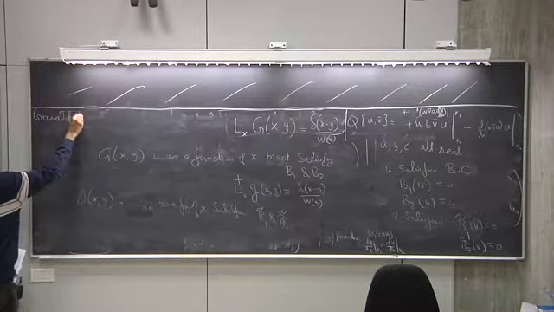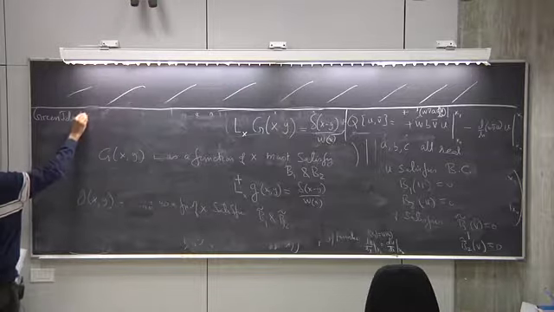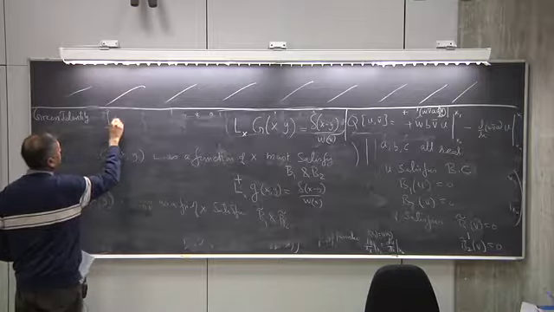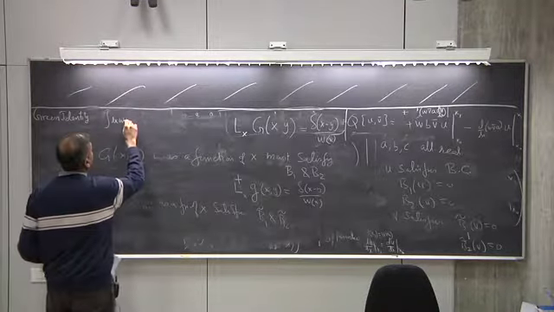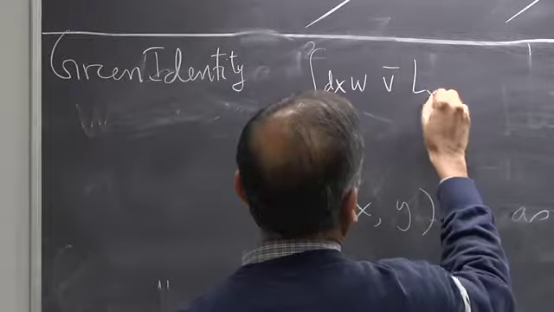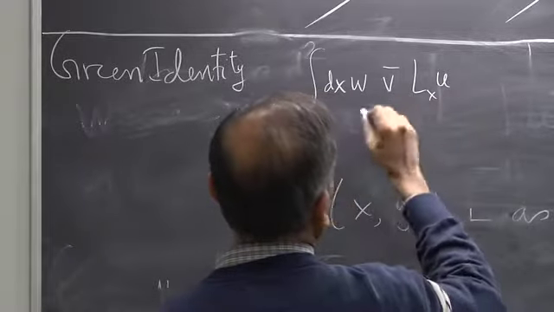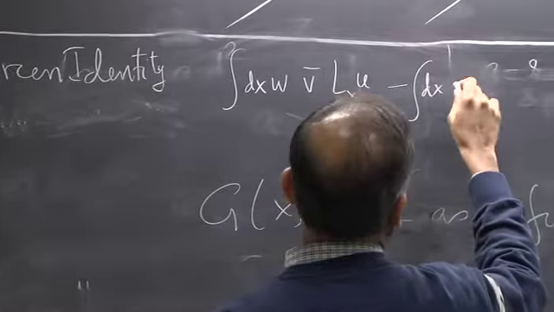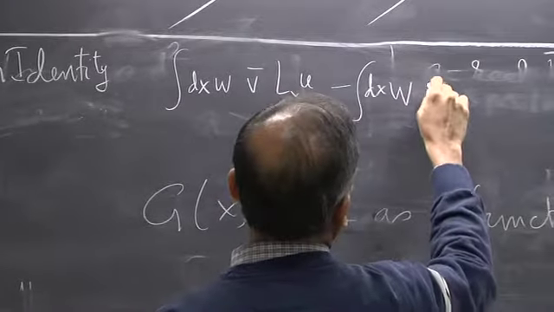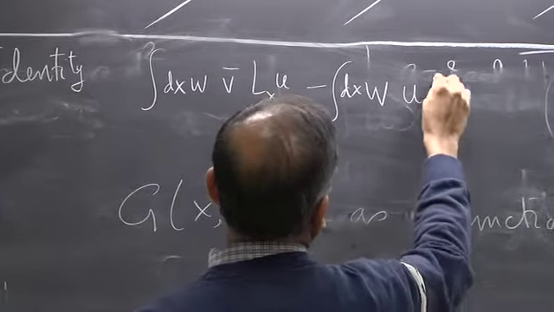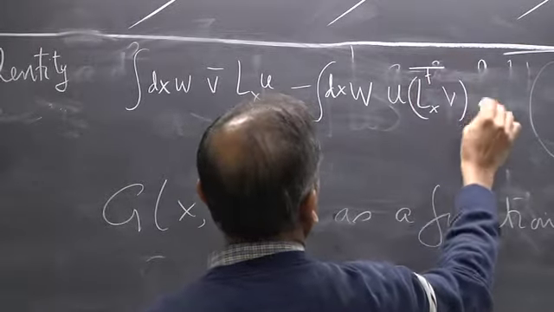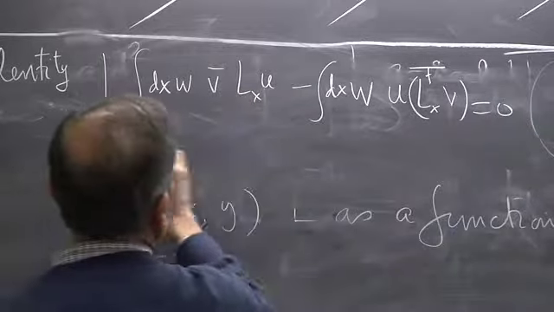I forgot to tell you the name, but it's simply this equation: the integral dx w v bar L_x u minus the integral dx w u L dagger_x v bar equals 0.